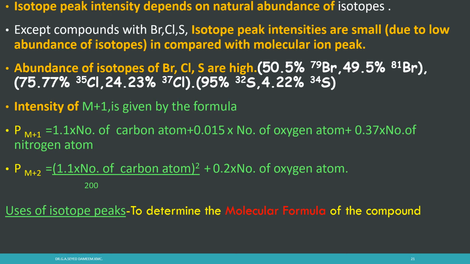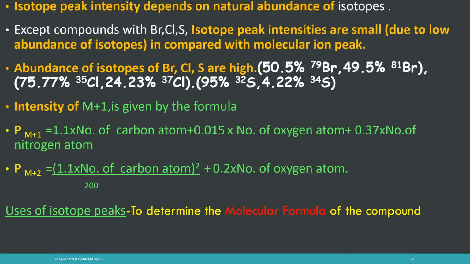In the case of bromo compounds, bromine-79, the normal one, exists at 50.5 percent, and bromine-81, its isotope, exists at 49.5 percent, so almost equal percentages. So in compounds containing bromine, the intensity ratio of the molecular ion peak to the isotopic M+2 peak is 1:1.